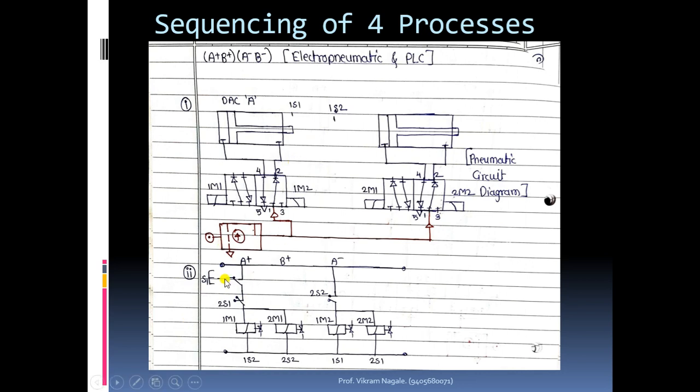So this 2s1 limit switch will get pressed. Here we can use 1s1 also.